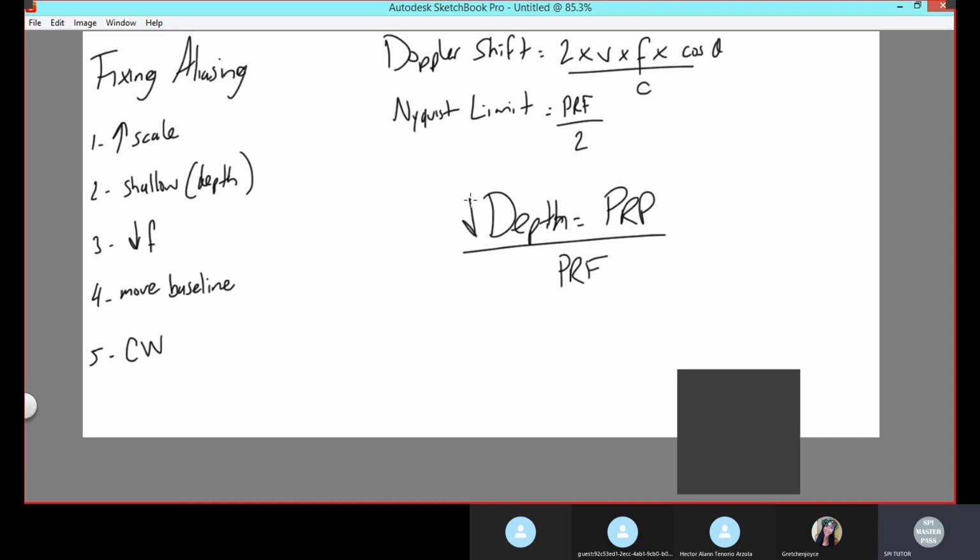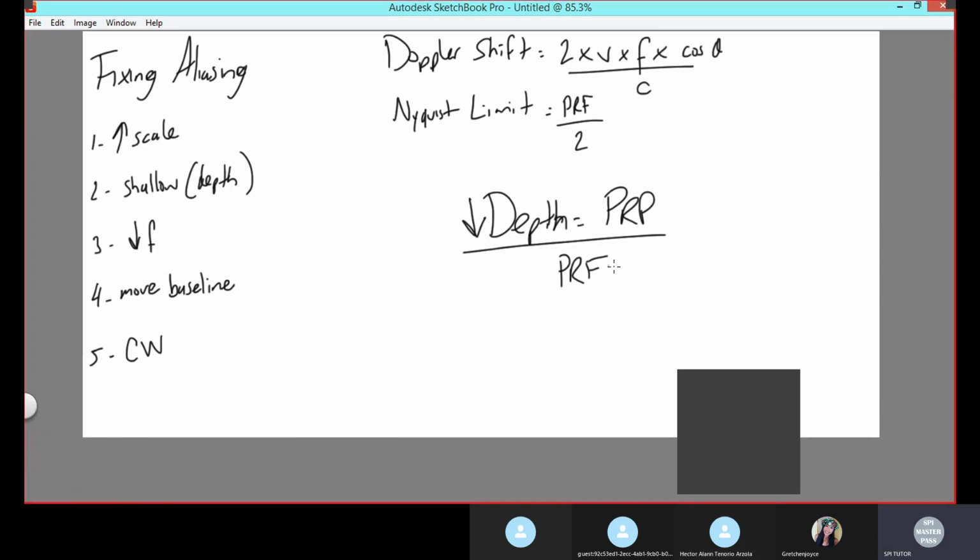I draw my arrow pointing down because shallow to me is a smaller number. If you were at 10 centimeters and you change your depth to 5 centimeters, you went shallow and your number became smaller. So that's why I draw my arrow pointing down, because my depth, my number, went down, became a smaller number.